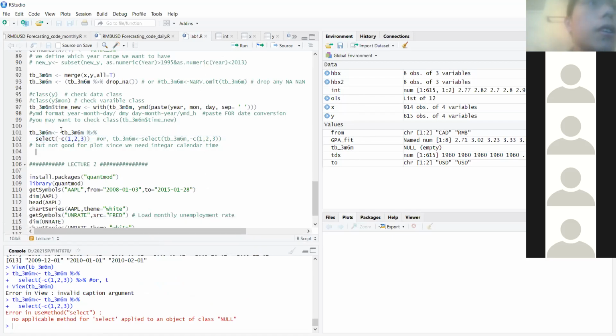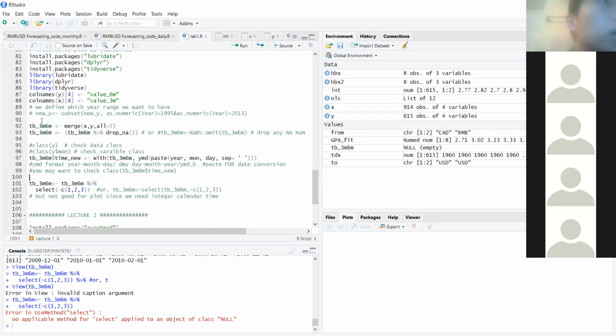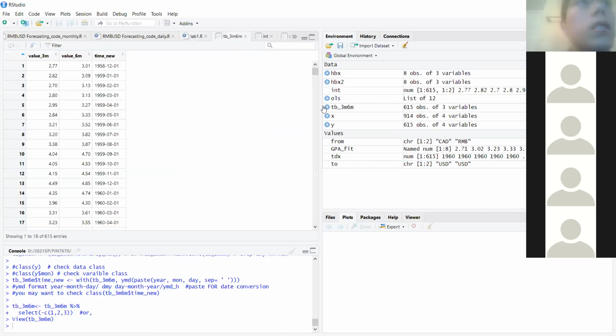Since you already changed your data structure from TB3M to 6M, I think I need to rerun from the previous step. So you can see we basically dropped the first three columns, and the last column is available here, right?